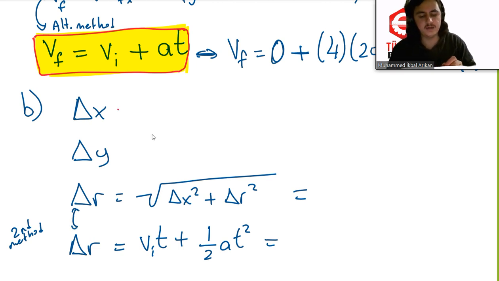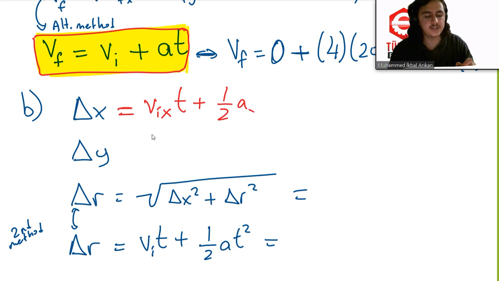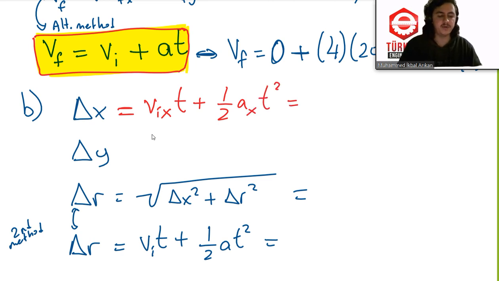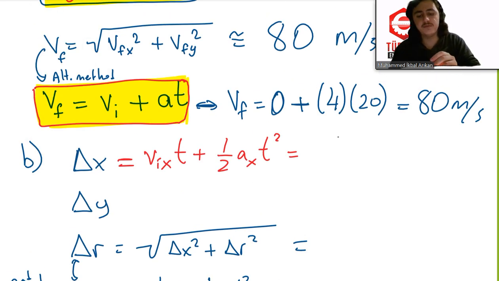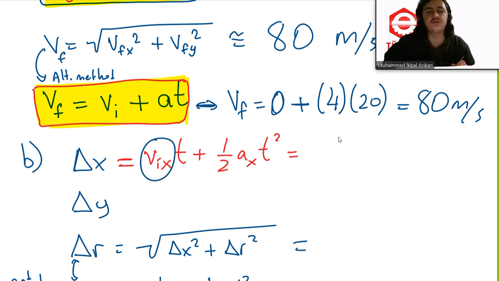Let's start with delta x. It must be equal to v initial x times time plus 1/2 acceleration x times time squared. This is the formula which I stated in the previous video, okay? So here, our initial velocity in x is equal to 0. So 0 multiplied by time will give me 0. So this part is 0. Then I will take half of acceleration in x.